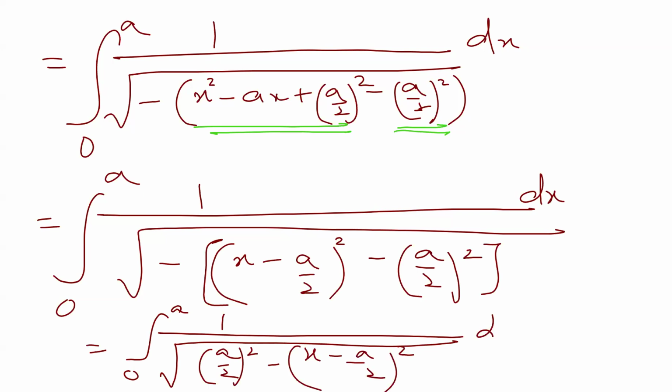I'm taking this minus sign inside. When I take this minus sign inside, the terms get reversed. Now this is a simple formula, 1 upon root a square minus x square. So the answer for this particular formula is sine inverse x by a. It is sine inverse x by a.